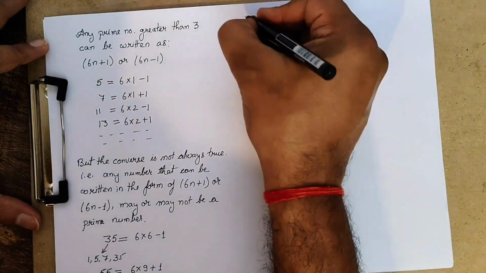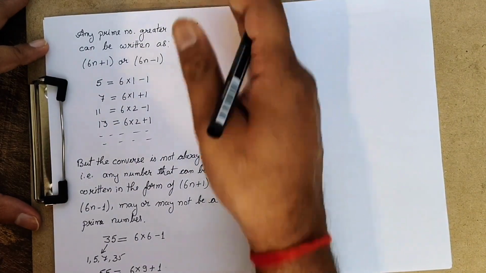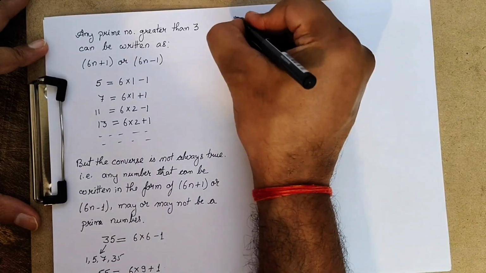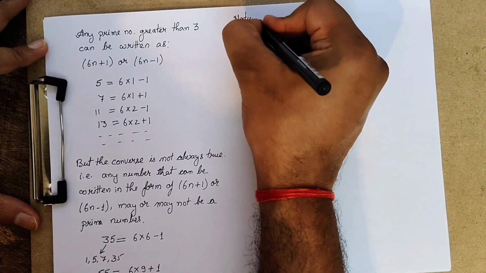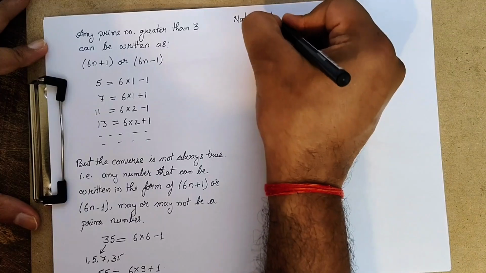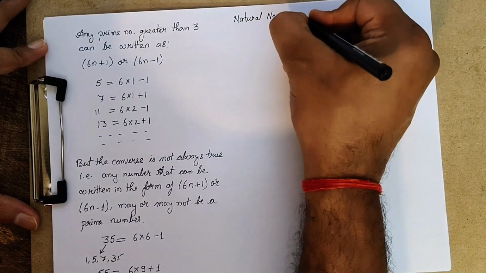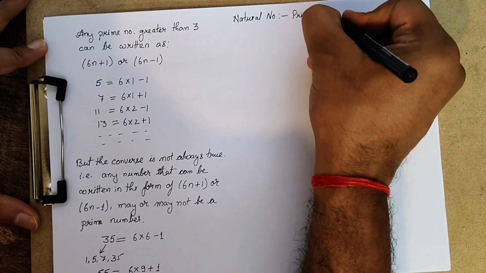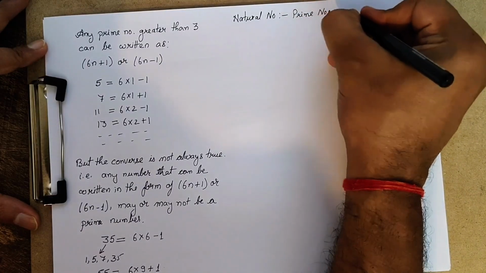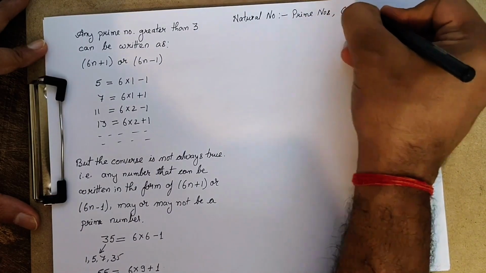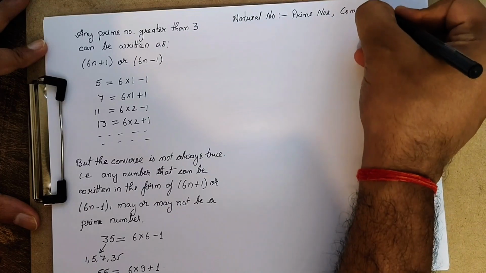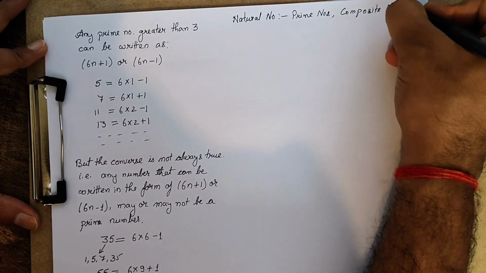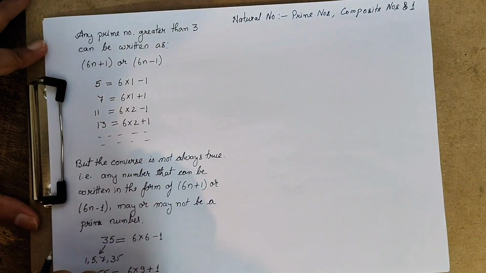So can we say that natural numbers are nothing but a group of prime numbers, composite numbers, and 1, right?